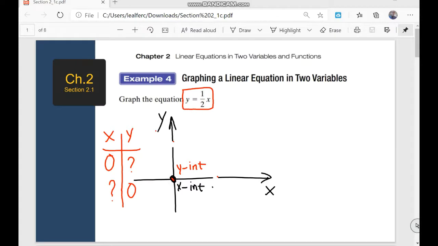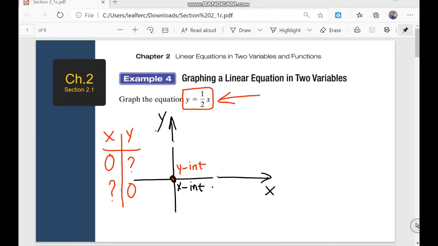Both points in the same location at the origin, and with having actually just 1 point, right? You're going to have just 1 point. And then you cannot have a graph, you cannot have a line with just 1 point. And that's the situation we're going to find for this equation.